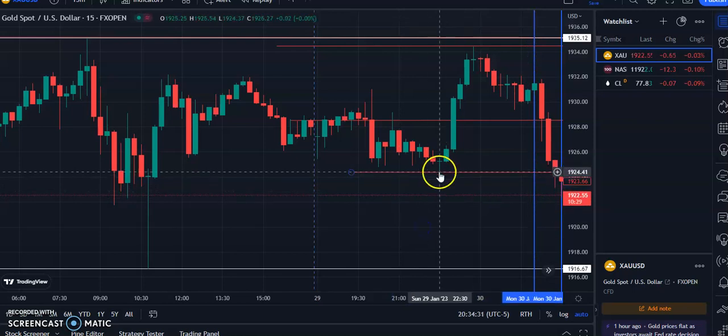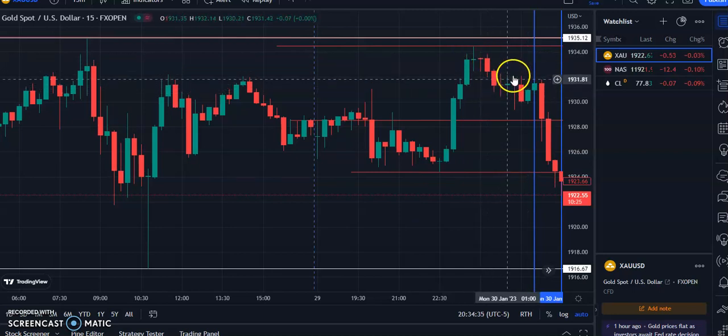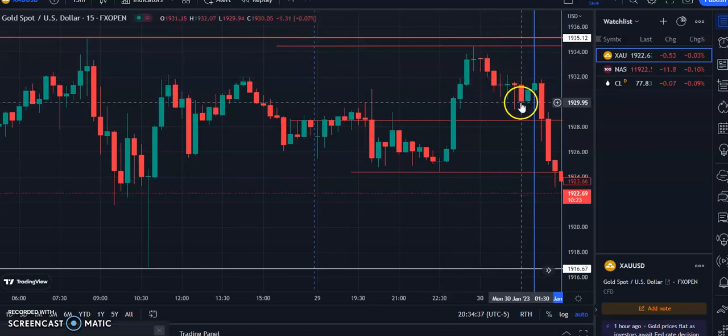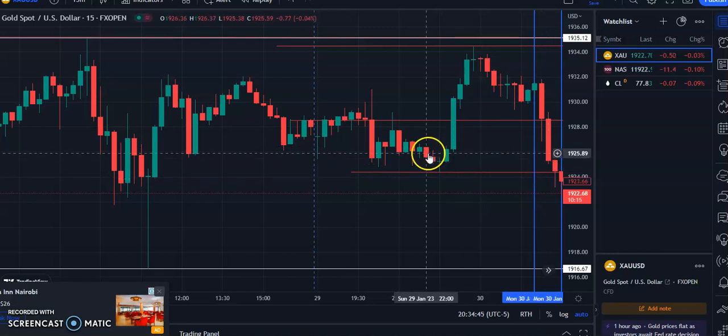But London comes down in one push, two push, then three push and pins the low. All I'm doing is waiting at the extremes to see whether any setup forms.